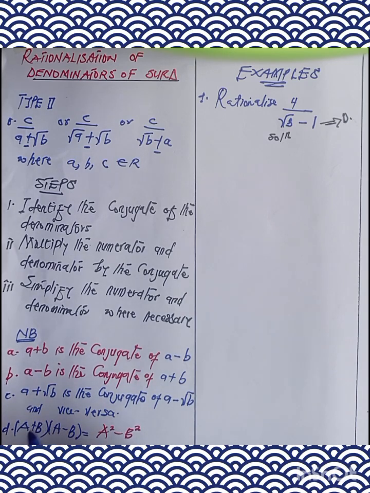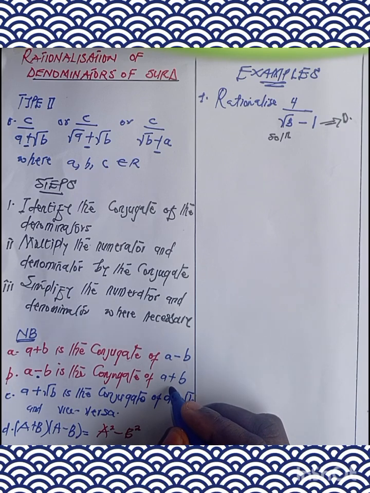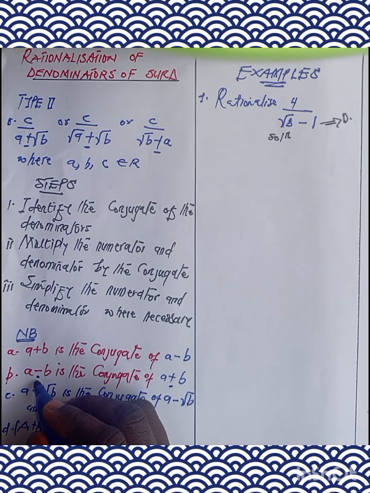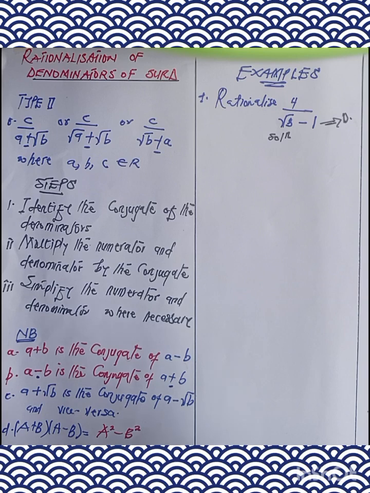If the sign is minus, it just has to change to what? Positive. If it is positive, it has to change to what? Minus. Between the terms, we have the term a and then b. The sign between the two terms changes when you are conjugating or rationalizing.